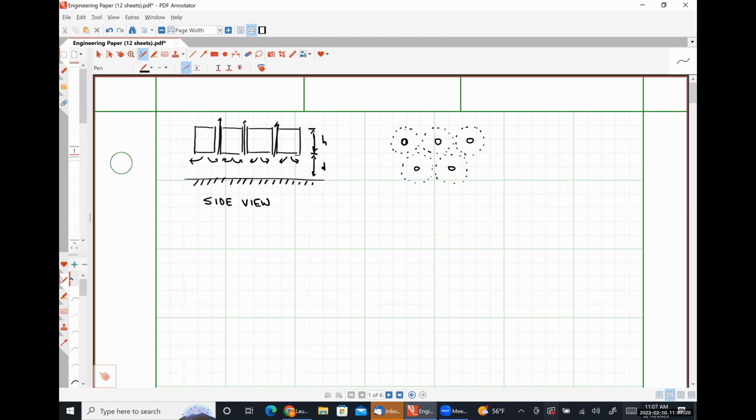Okay, so each of these cells has a particular radius, RC, and then each of these holes has a particular radius measured from the center to the outer edge that we're going to call R naught. So RC is our cell radius, and R naught is our hole radius.